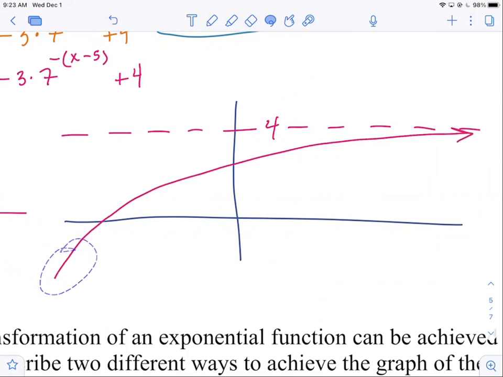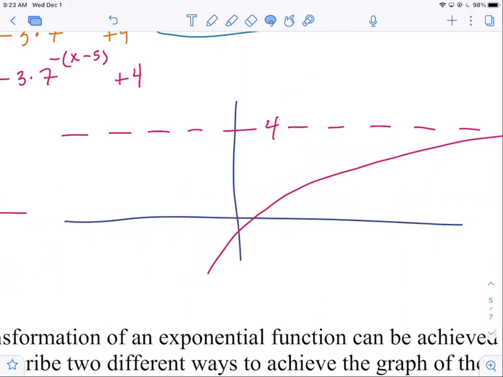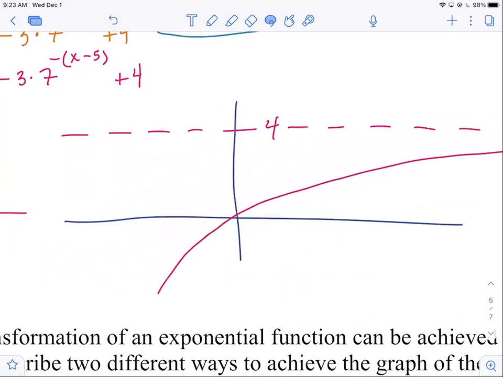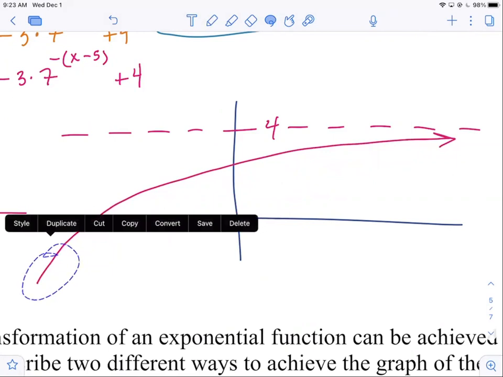So notice there is a point where my y-intercept could be either positive, 0, pass right through the origin, or if we shifted it right enough, it could be a negative value. Okay, positive y-intercept, 0, negative. So I want you to make sure you have it crossing the y-axis in the right region.